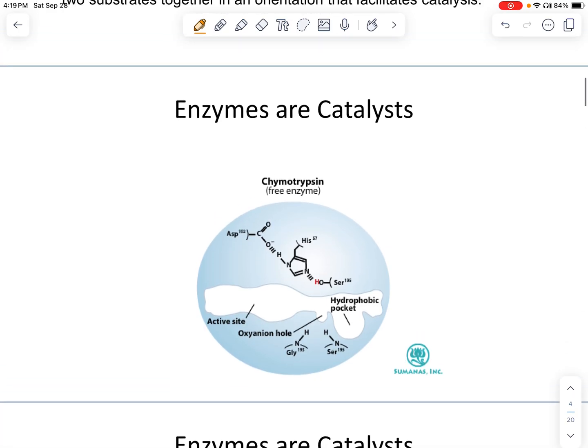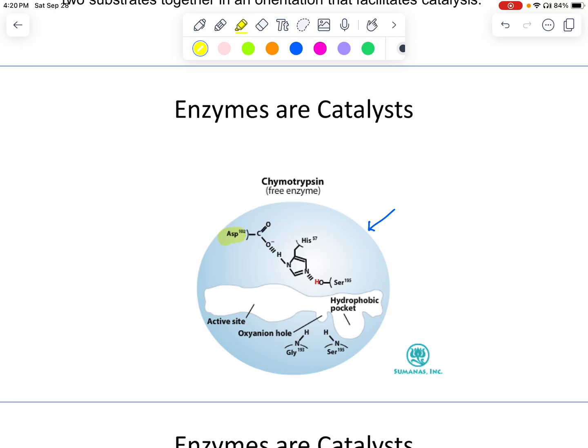So if we talk about chymotrypsin and picture this whole big blue circle as the enzyme. Remember, the enzyme would be a long protein chain that's all folded up on itself in some tertiary structure. We're not drawing out that structure, we're just showing it as this blue blob here. But what we are showing in this overall picture is that triad, those important residues.